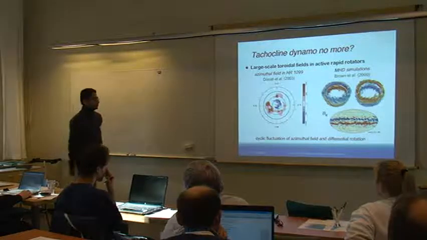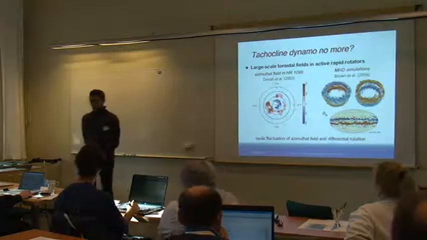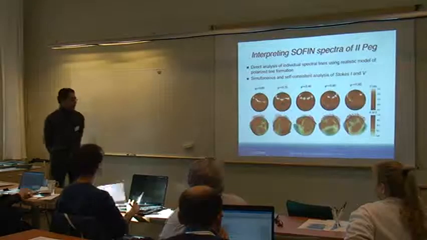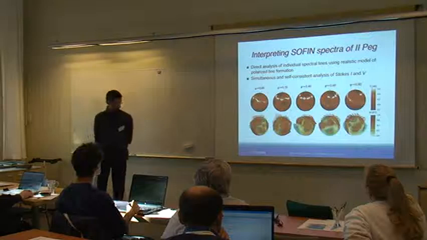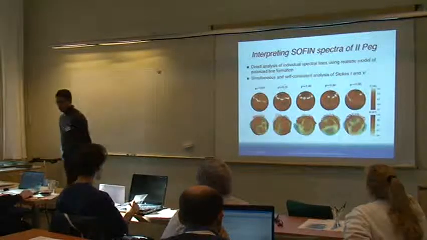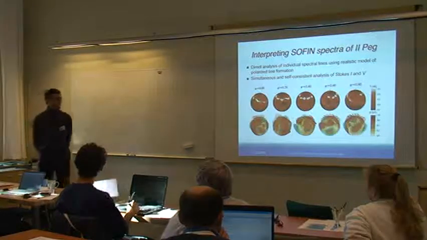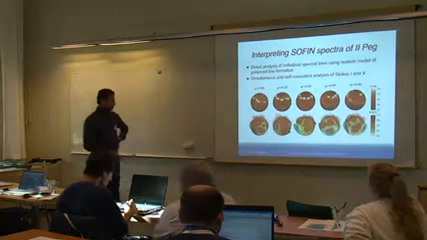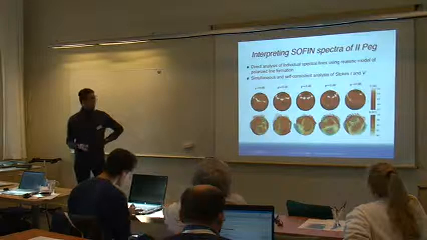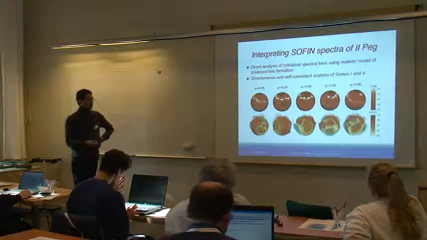Okay, so of course this is an interesting result that requires confirmation, and what we are trying to do now, this is very much work in progress, is to introduce more detailed methods of polarized spectrum synthesis into the interpretation of observations of polarization of Sun-type stars.